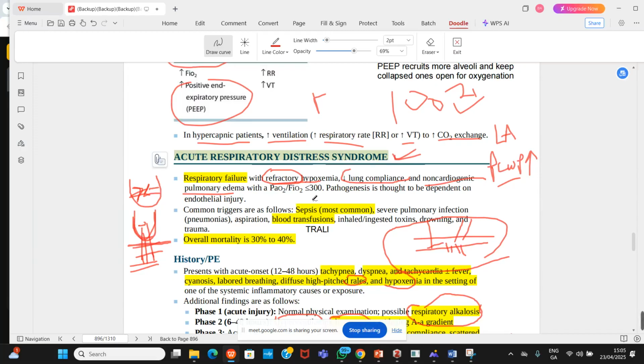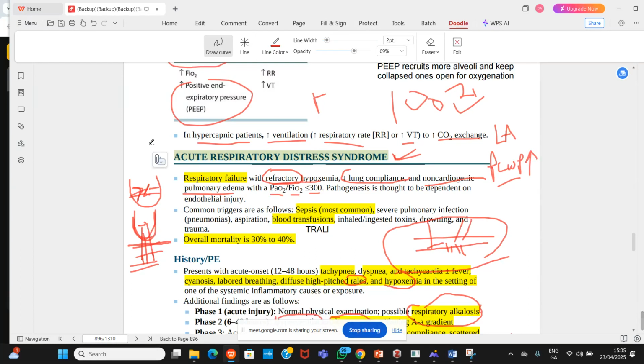They are going to have a PaO2 over FiO2 ratio less than 300. This makes sense because definitely what do we expect? If somebody is having a problem with the lungs, like this congestion, definitely there won't be any space. There's no way oxygen in this lung can even move across the respiratory membrane to get into the blood. So PaO2 is going to drop.